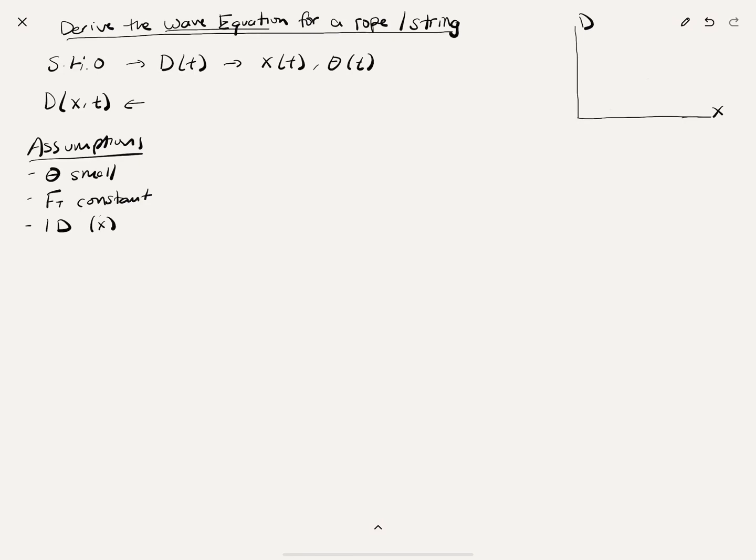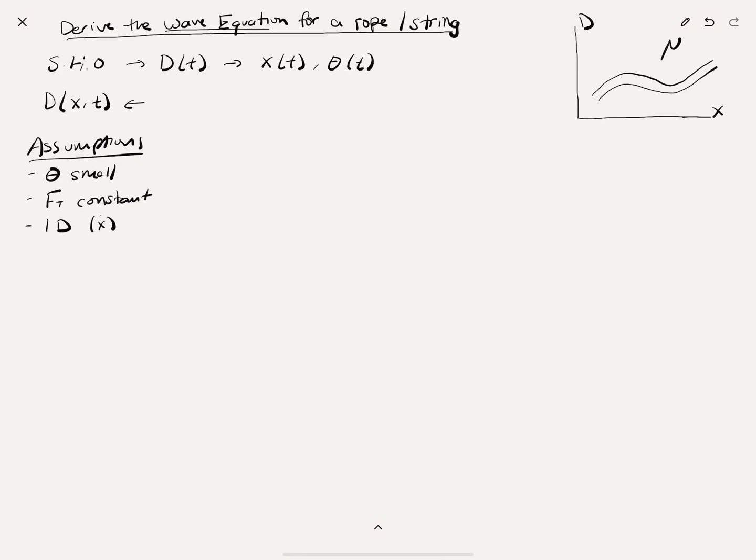All right, so let's take a rope, a wave traveling down the rope. I'll just draw it as an object like this. And we'll say that this rope has some mass density mu. Now, to build our wave equation, we're going to start with Newton's second law.